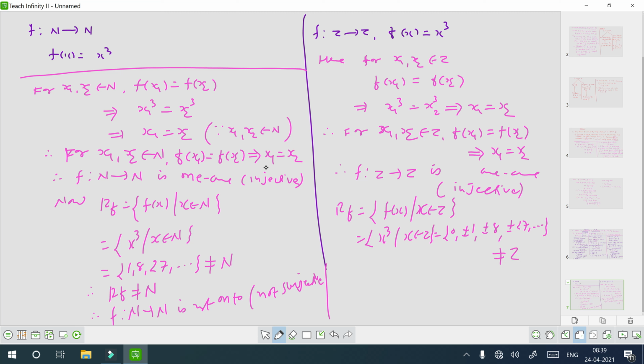That is not equal to the codomain, and therefore range of f is not equal to Z, and therefore f from Z to Z is not onto or not a surjective function. Clear? Yes.